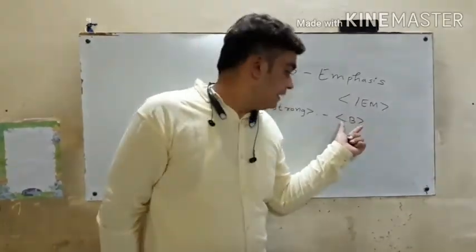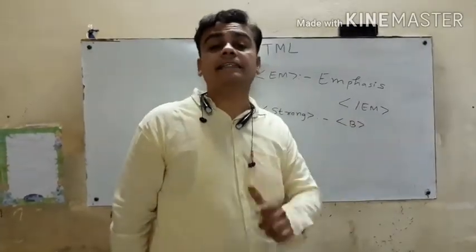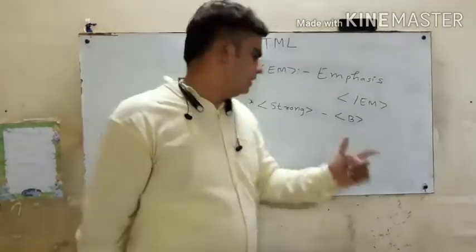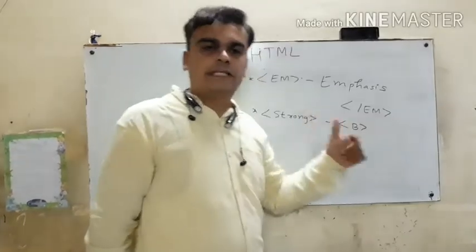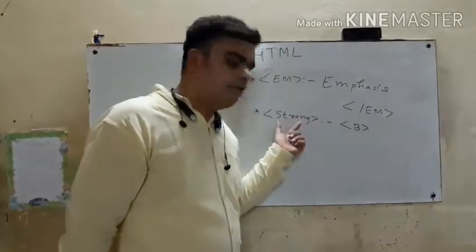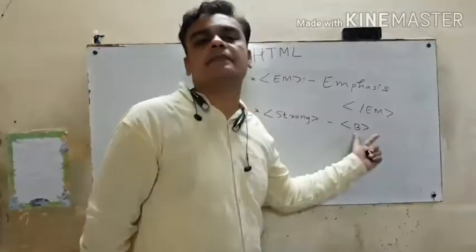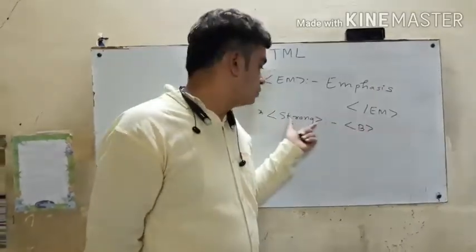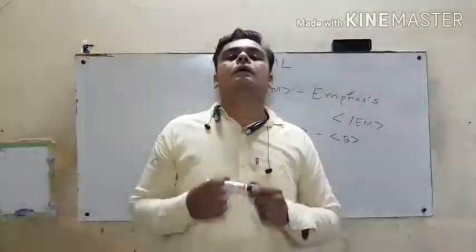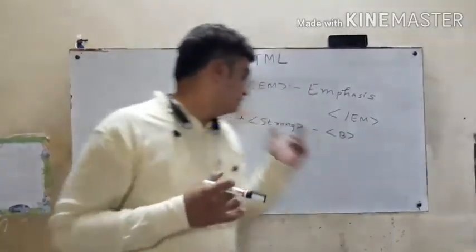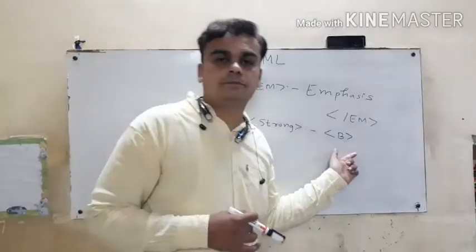The B tag helps to display the text in bold form. Even the strong tag also displays the text in bold form. So that's why I told you earlier, the working of the strong tag is almost similar to the B tag. And it is also used like EM. When we convert the given text to speech, then the strong tag is helpful.